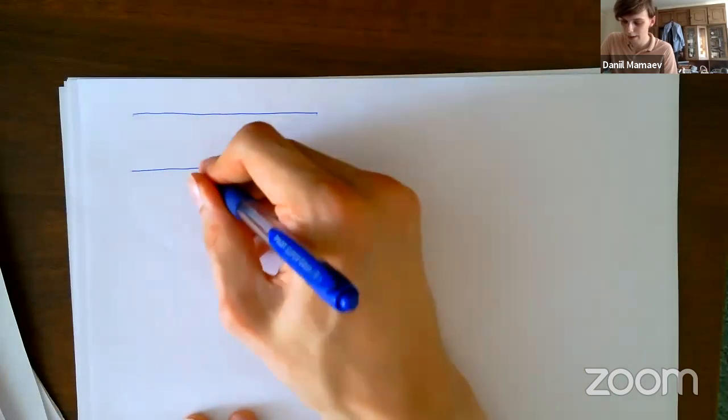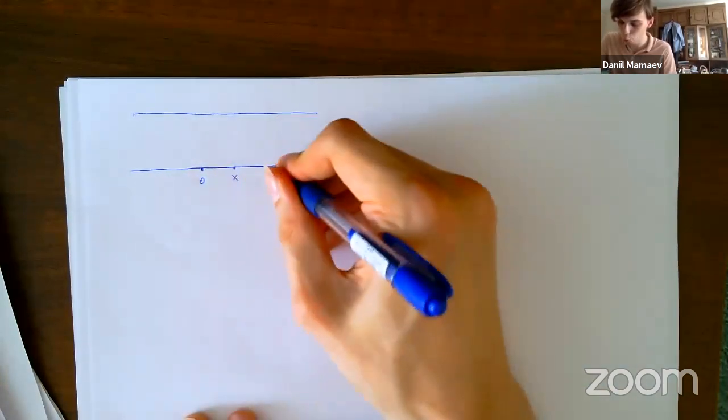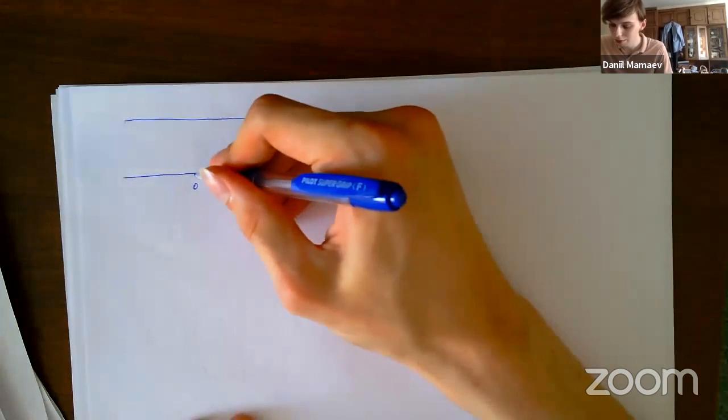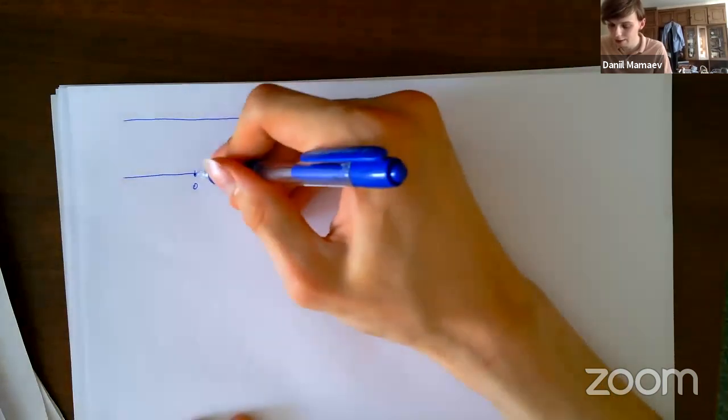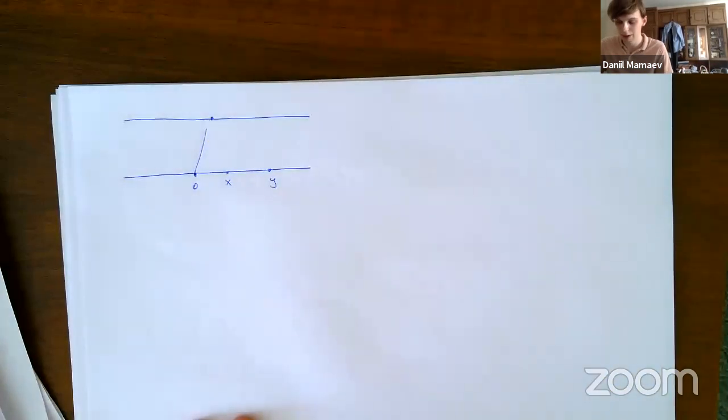And well, okay. If you are lost, then you can now get back because it will be easy now. Suppose you have a 0, you have x, you have y, and you want to compute x plus y. How do you do this? Well, you can do it like this. You take some point on the parallel line.